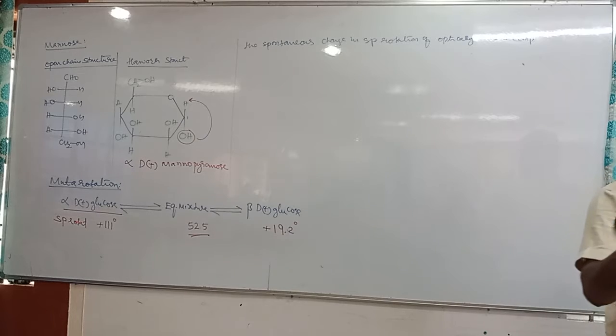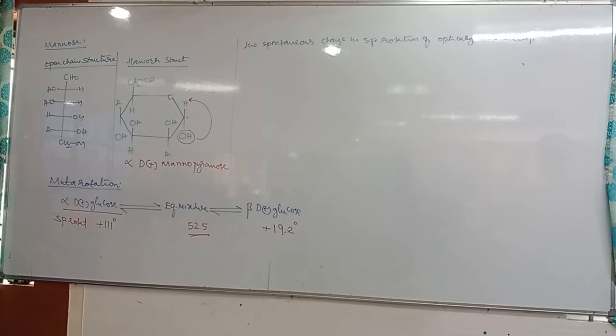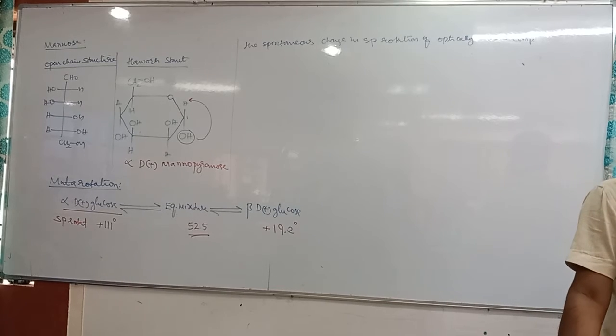So if any carbohydrate has alpha and beta forms, it must show mutarotation. If any carbohydrate has only one form, neither alpha nor beta, it cannot show mutarotation. The best example is sucrose. Sucrose has only one form, no alpha, no beta. Therefore, sucrose does not show mutarotation.